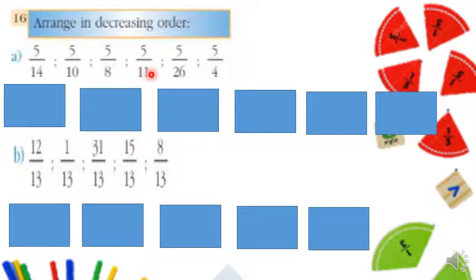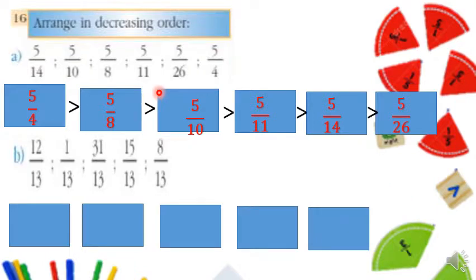So the greatest fraction is, yes, it's 5 over 4. Then it's 5 over 8, then 5 over 10, then 5 over 11, then 5 over 14, then 5 over 26. And don't forget to put the signs.